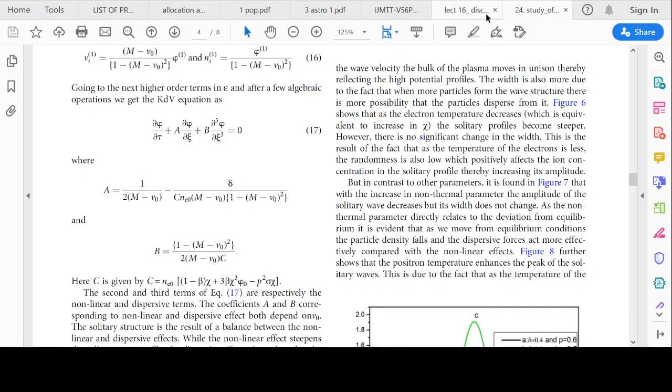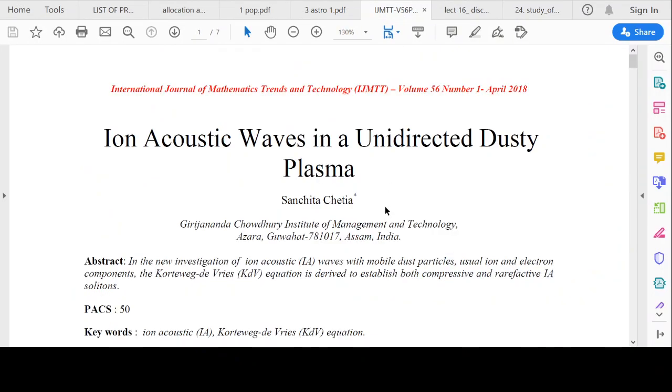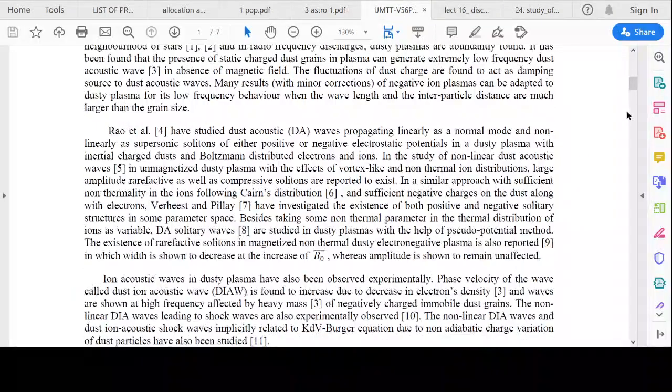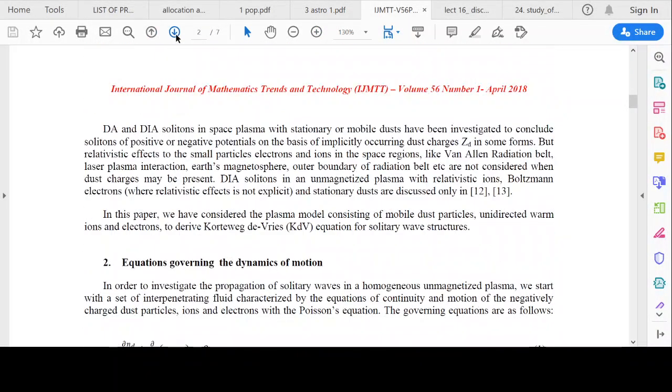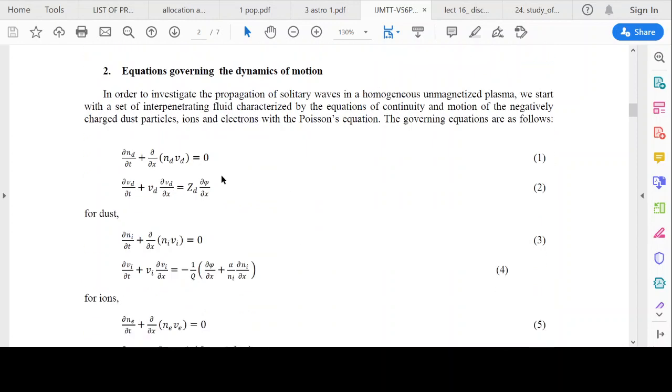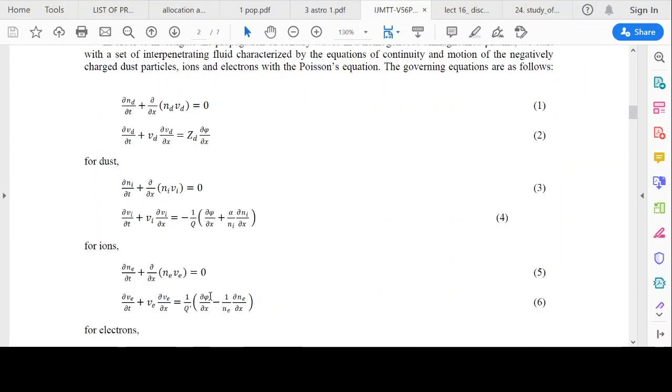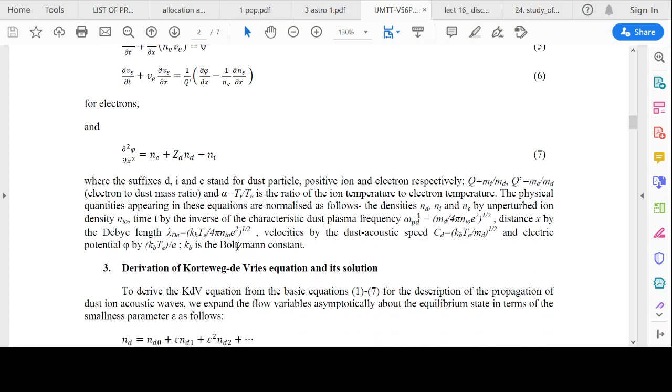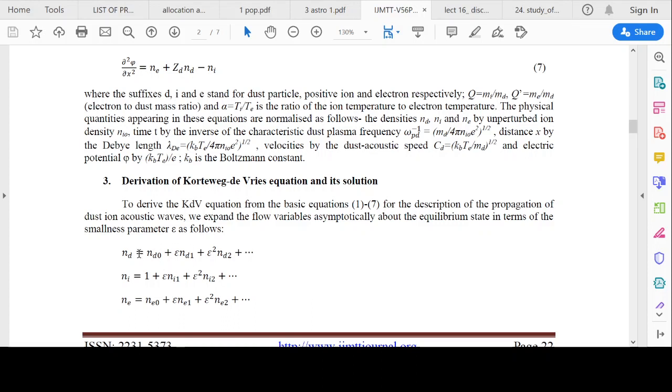Well, now those who will do the dust acoustic wave, this paper I have sent you. Equation of motion, you see, two equations, and finally the Poisson's equation. Now you take this kind of perturbation expansion. You may change your perturbation expansion as well. We have given you that option.